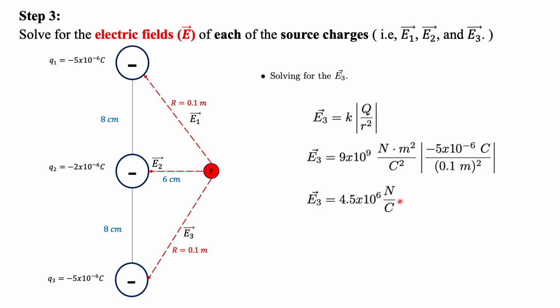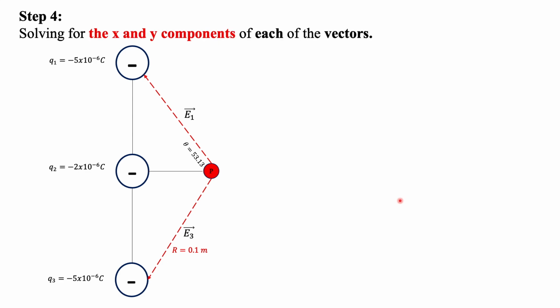Now the fourth step, if you notice, is that from the third step, what we solved is simply the magnitude of these three vectors, but we do realize that each of the vectors has components. So the next step would be to solve for the x and y components of each of these vectors. So let us start with the first vector, E1, or electric field 1.